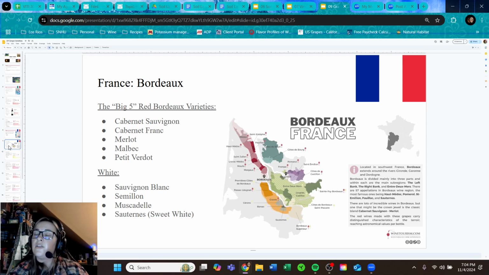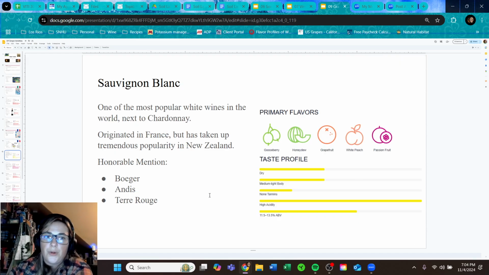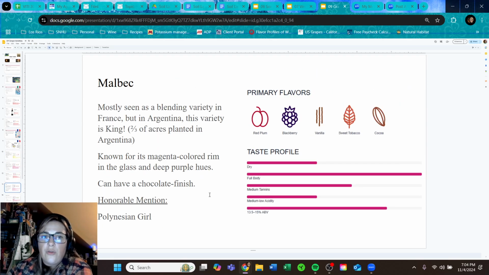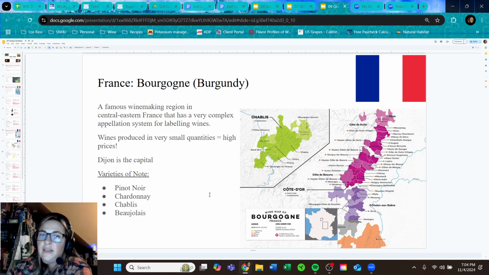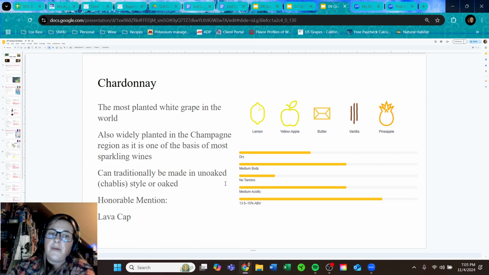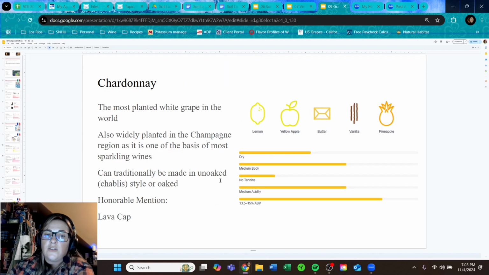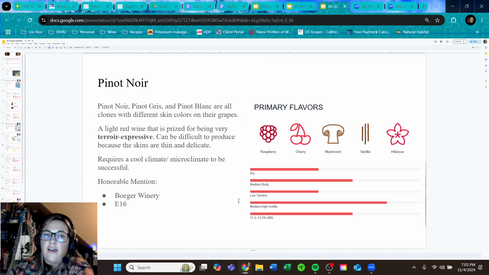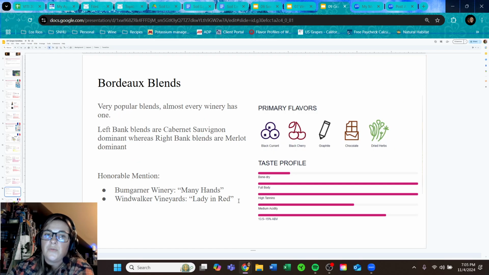But again, things that you might find locally that grape growers and winemakers would talk to you about in the tasting room or on the business side on sales and great purchases. So we have Bordeaux, and then we go through the wines and what they're typically like. Bourgogne or Burgundy, talk about that. And then we also have some honorable mentions of wineries in here as well.